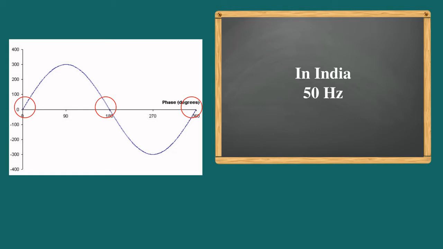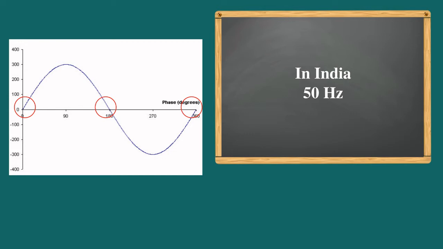Now in India, systems are operated on 50 Hz frequency. That means 50 cycles per second. So for a single phase waveform, it will cut 150 times per second. So that will make it an interrupted supply.